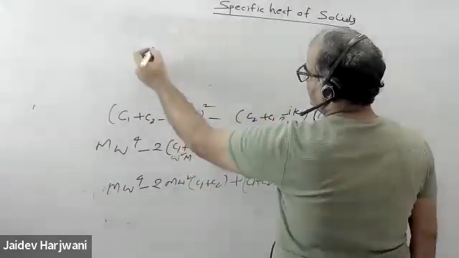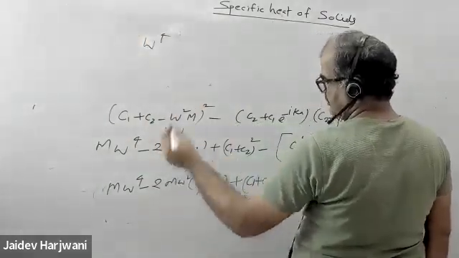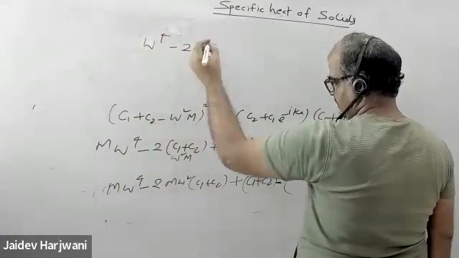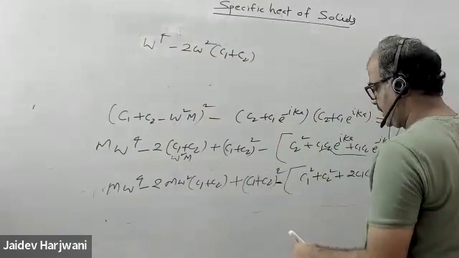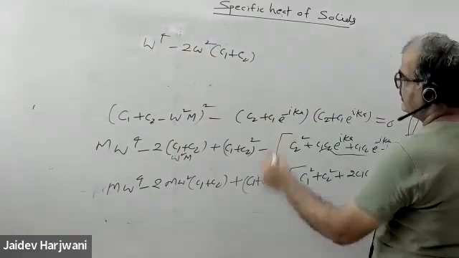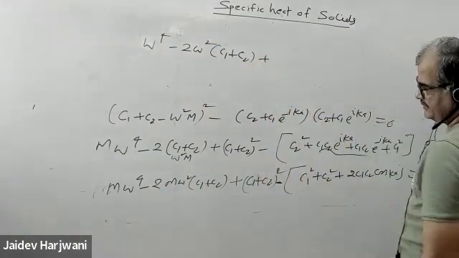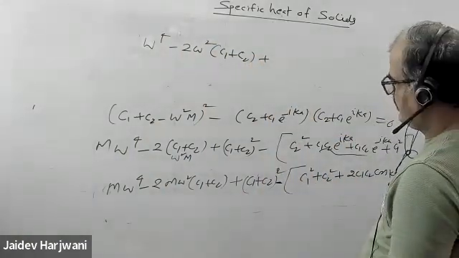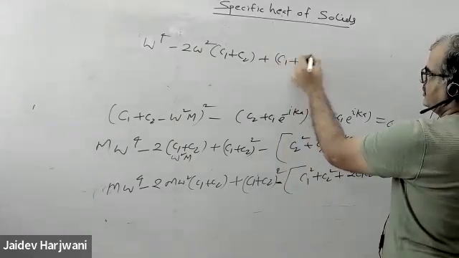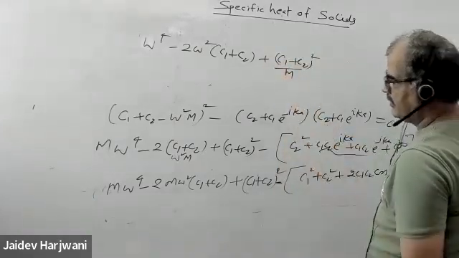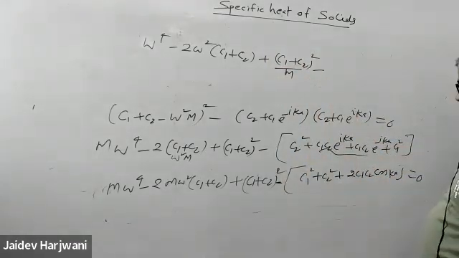So what will this become? Omega 4 divided by m. So you have 2 omega square C1 plus C2, and you have here C1 plus C2 whole square by m, and this is minus this one.